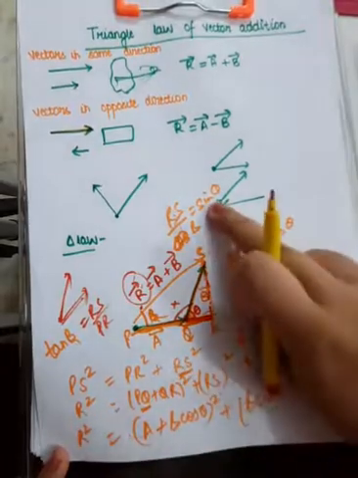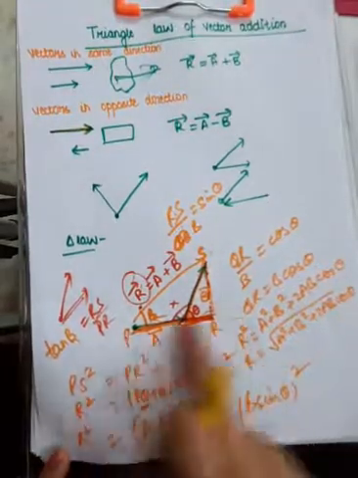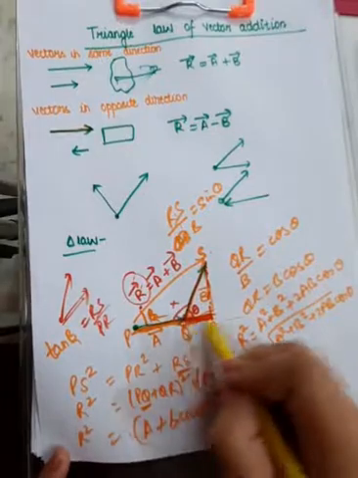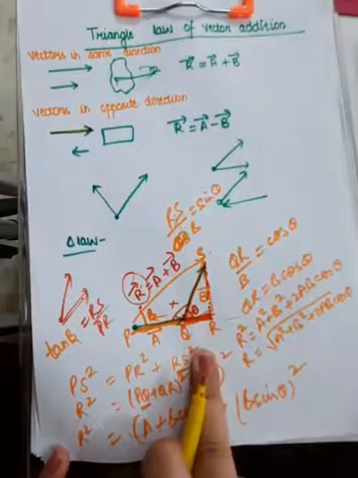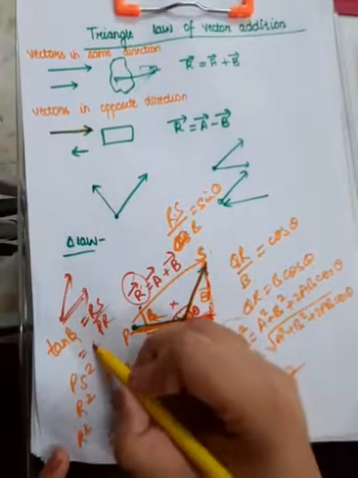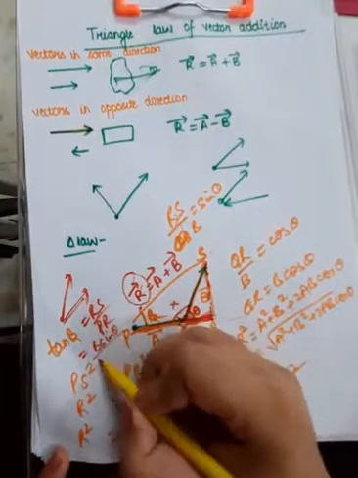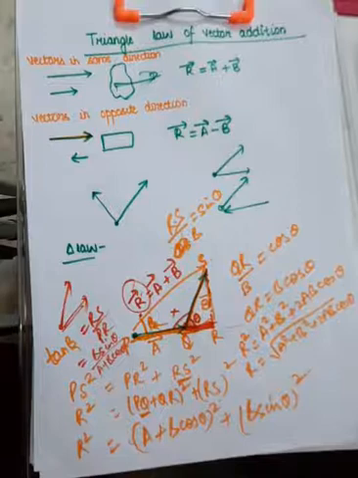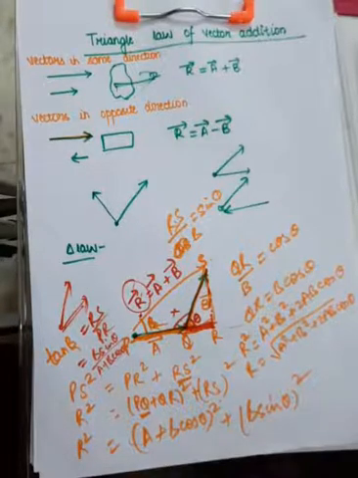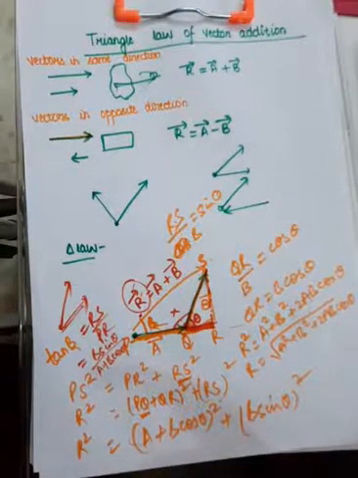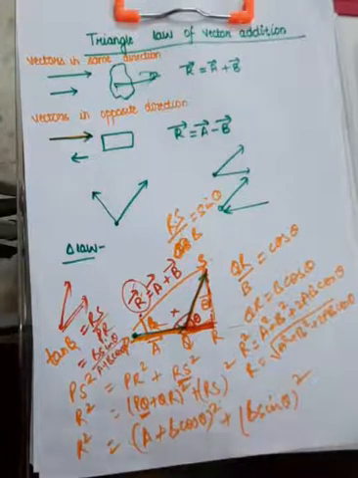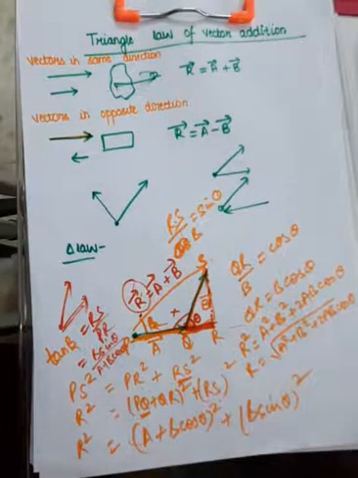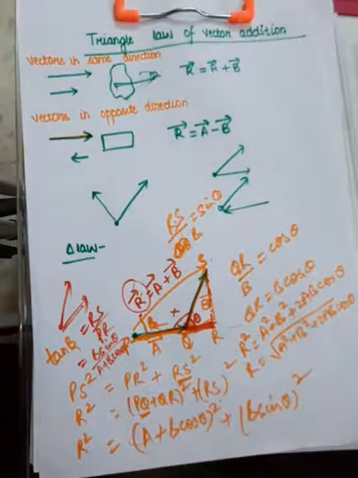And PR is equal to A plus this portion, which is B cos theta. So tan beta will be B sine theta divided by A plus B cos theta. So this is how we use the triangle law of vector addition to find out the resultant when the vectors are acting in random directions. Okay, and whenever we are finding a vector quantity, we need to find out its magnitude as well as direction. Thank you.